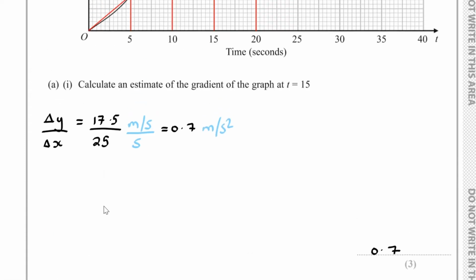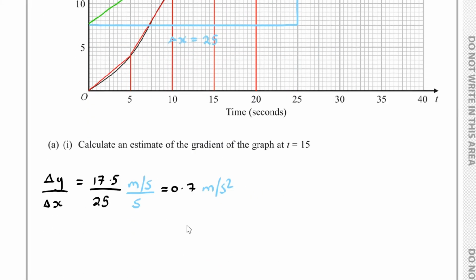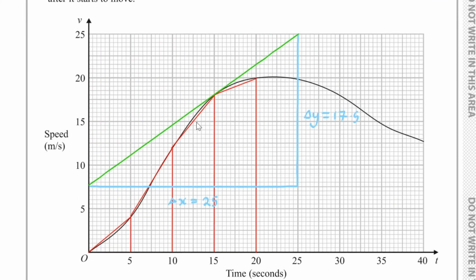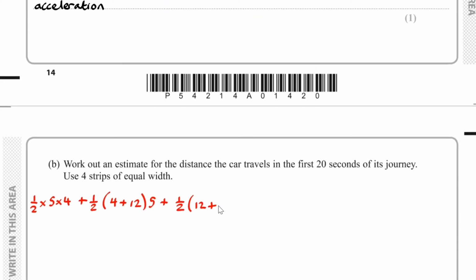For the first trapezium, we have a half of A plus B times H. So we have a half times 4 plus 12 times 5. For the next one, we have a half times 12 plus 18, so we have 12 plus 18 times 5.